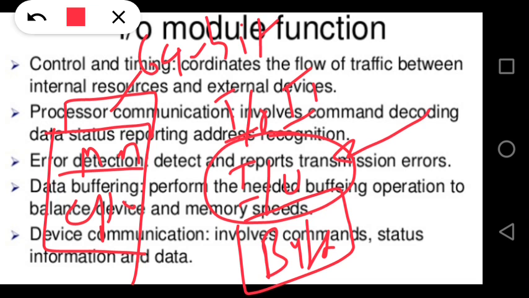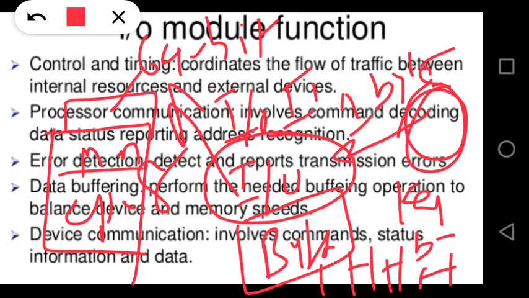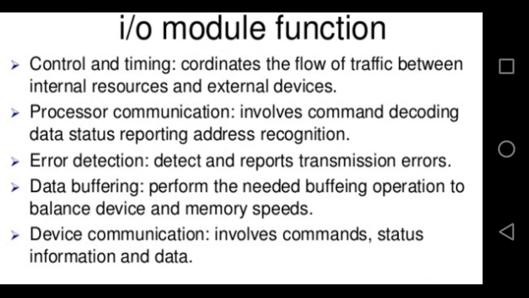When the keyboard enters 1 byte of information, this information is stored in this buffer until it reaches 8 bytes. Then this interface unit will send the 8 bytes. So it accumulates all the 8 bytes coming from the keyboard. This is called data buffering.